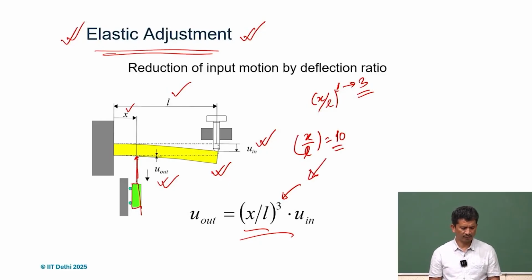A very big ratio we can achieve, and even a coarse adjustment can give a very fine adjustment if we do it in this fashion, because of this ratio and its dependency on the power 3.